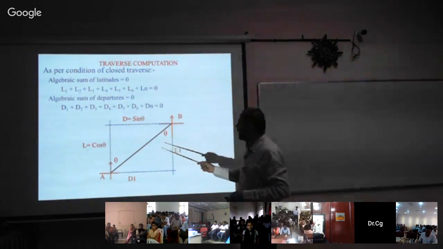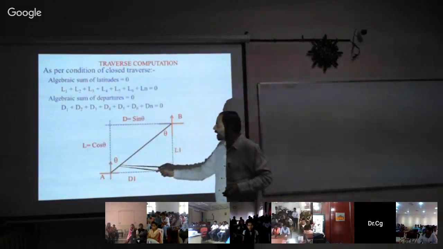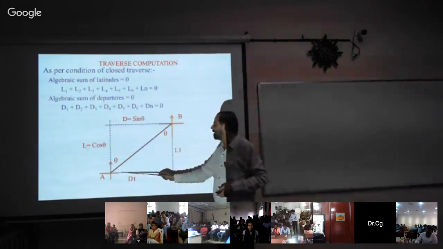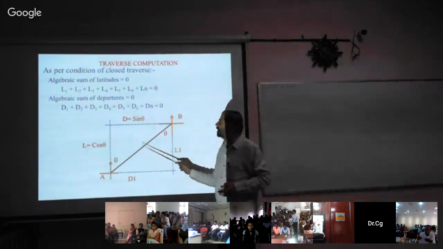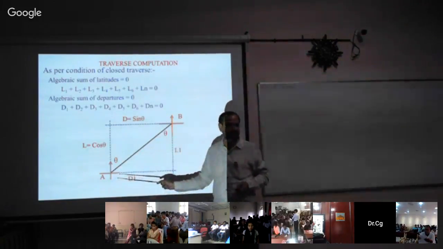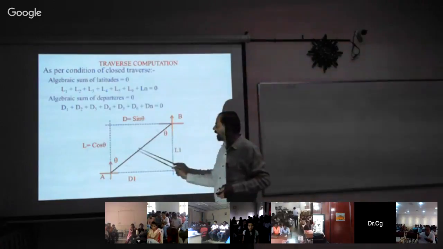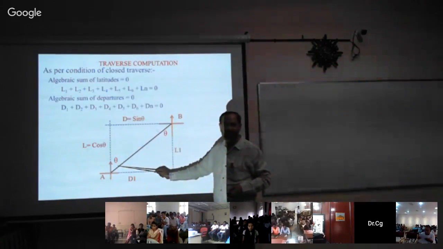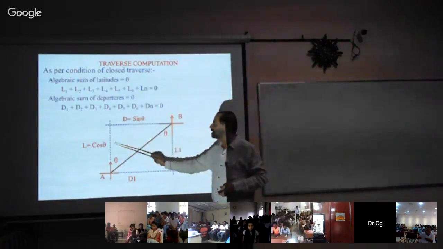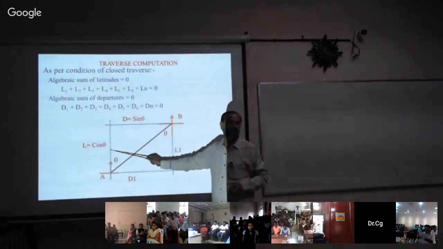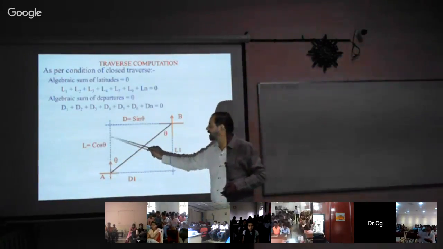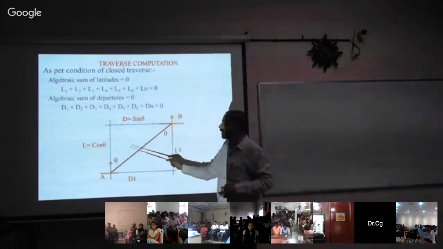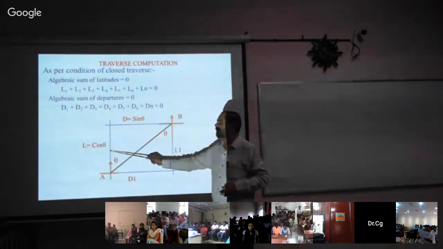And again, see how to calculate the latitude of the survey line AB. It is a simple triangle, trigonometry. When you consider this as theta, this is the opposite side and this is the adjacent side. From A to B, it is opposite and adjacent.